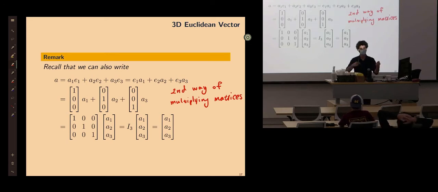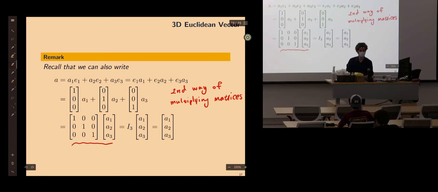So the first column times the first row, plus the second column times the second row, plus the third column times the third row. Now, A only has one column, so each row is just one scalar. It turns out that I can write this as the product of a matrix, which turns out to be the identity matrix, times my vector A1, A2, and A3.